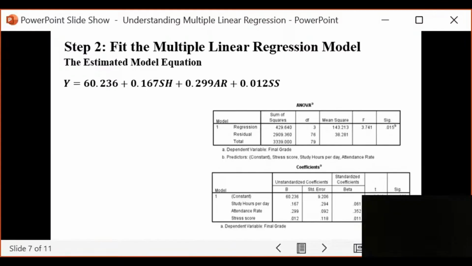So after performing the analysis through SPSS, again, I beg your pardon, how to do the analysis through the SPSS is unfortunately not covered in our lecture this time. But do not worry, I will upload one video on how to use the SPSS in computing or analyzing the regression model.